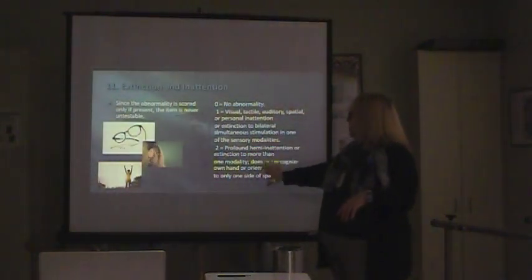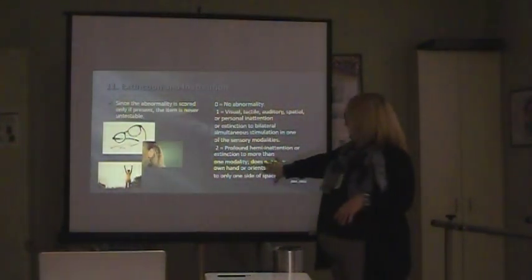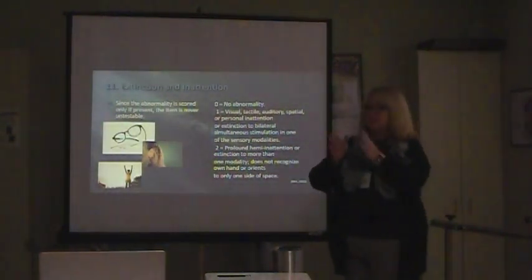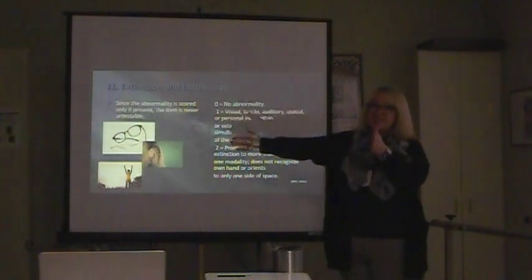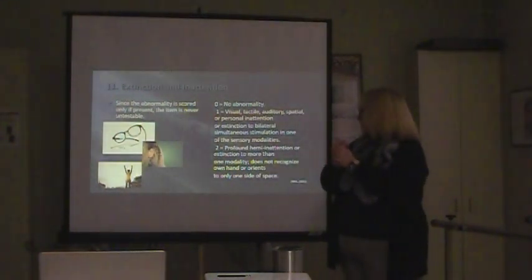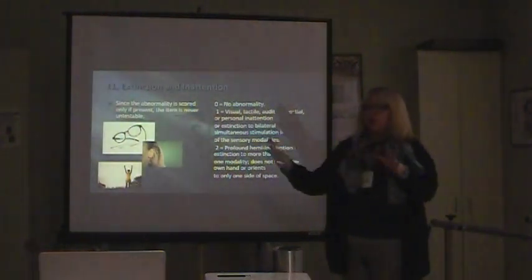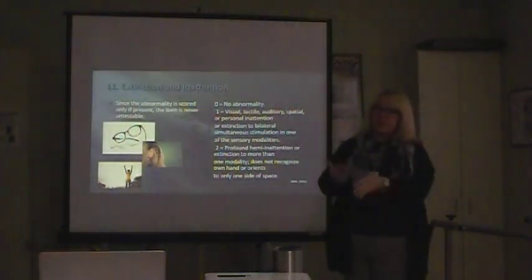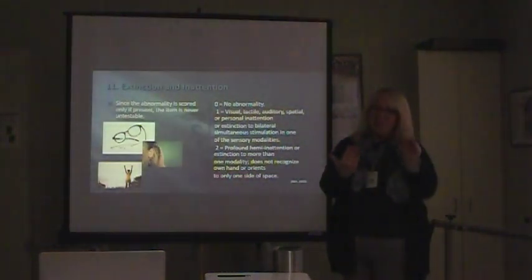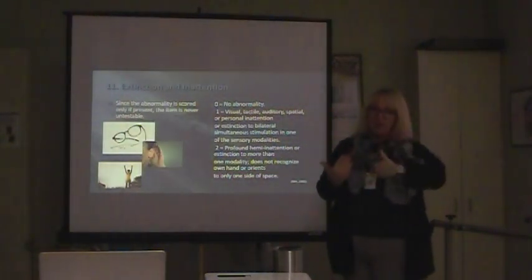So if you pick up on one or more of these, and it's a very slight one, you can give them a 1. The patient with profound inattention or profound neglect is a patient that completely loses that half of their body. I've seen this many times in my practice where you can actually take that patient's hand and place it in front of their face and they have no idea that it's their own hand. That's how much they've lost.